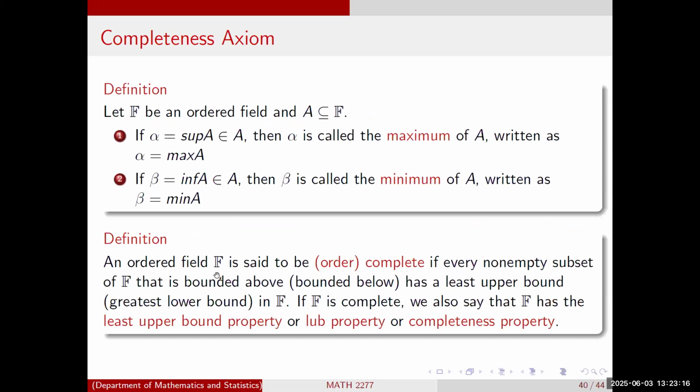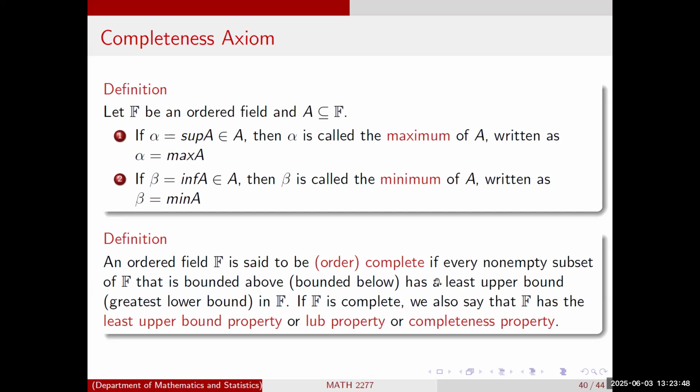An ordered field F is said to be order complete if every non-empty subset of F that is bounded above or bounded below has a least upper bound, that's the supremum, or greatest lower bound, which is the infimum, in F. So the crucial thing is that the supremum and the infimum need to be in the field.